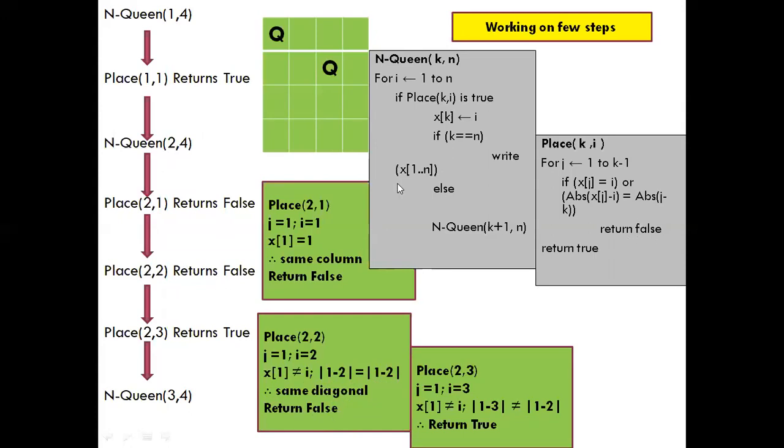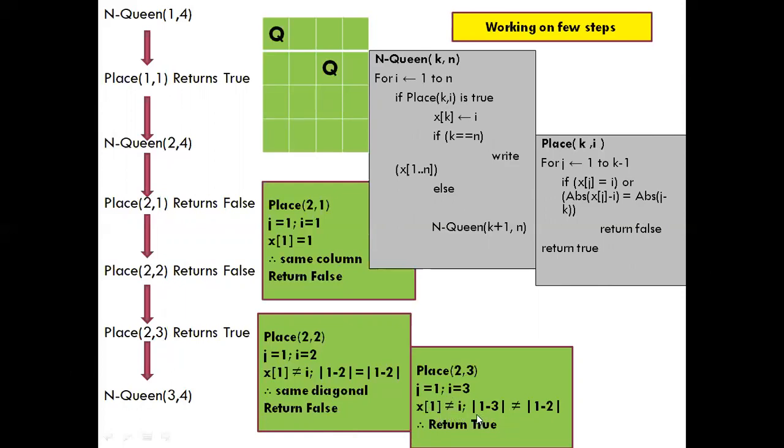So you return false. Again, since it is false, it won't enter this loop at all. You will directly increment the i value, so now i becomes 3. So 2 comma 3. Getting this? For 2 comma 3, again j value is 1, k is 3. x of 1 is not equal to i, because x of 1 is 1 and i is 3, so they are not equal.